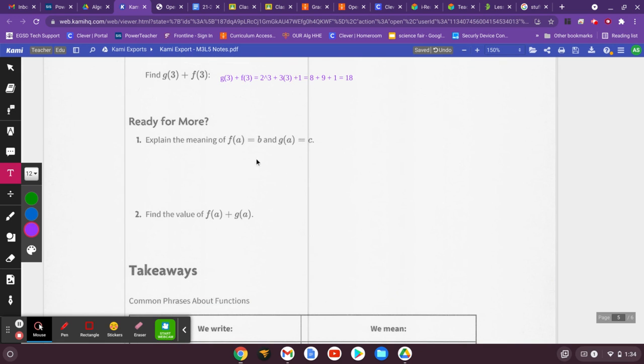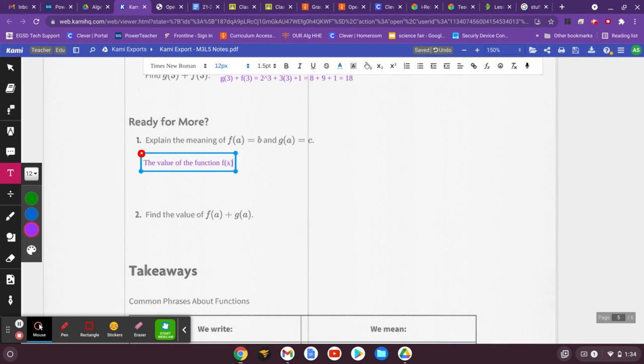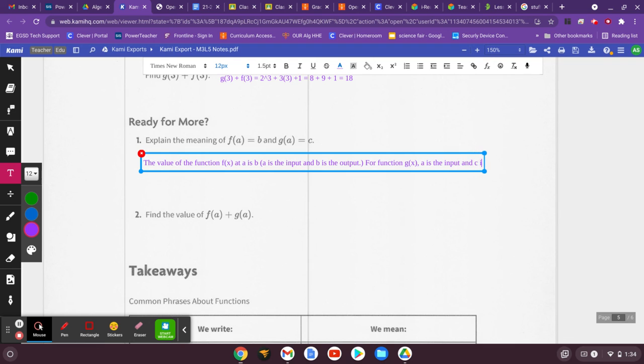Okay, explain the meaning of f of a equals b and g of a equals c. We're going to go ahead and do this one. So what that is saying is the value of the function f of x at a is b, where a is the input and b is the output. Okay, so for function g of x, a is the input and c is the output.